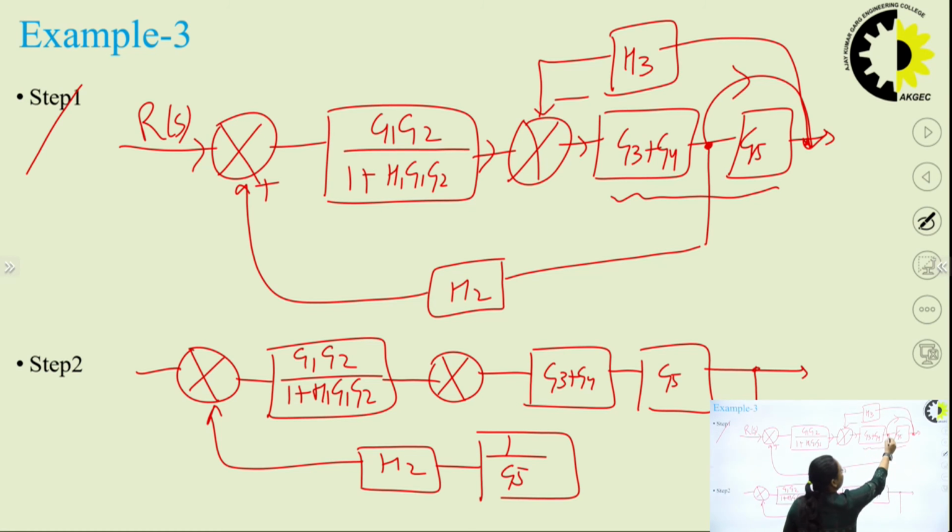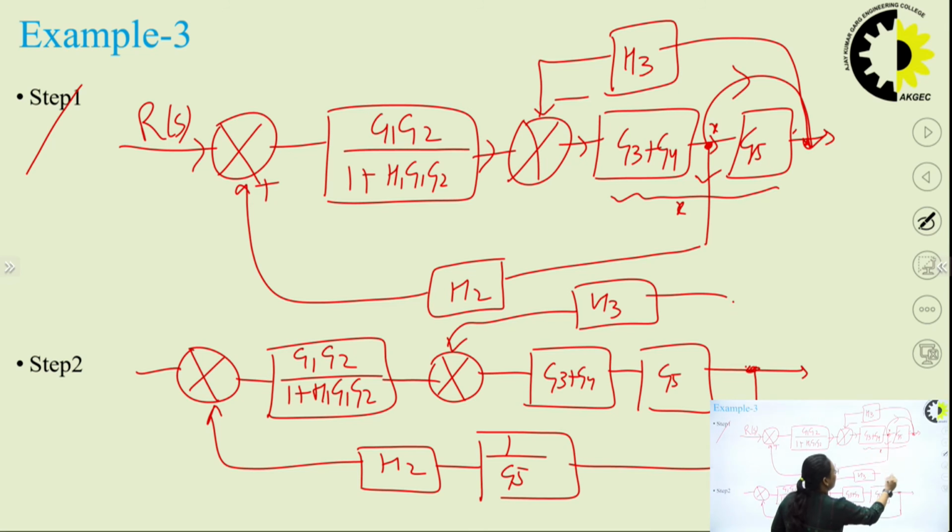So you can see if the output here is X, then you'll get here X into G5, and here you are also getting X. Now when you are shifting this point towards here, then you'll get X into G5 now. That's why I have applied 1 by G5. Okay, another block, and the value here you can use as H3.